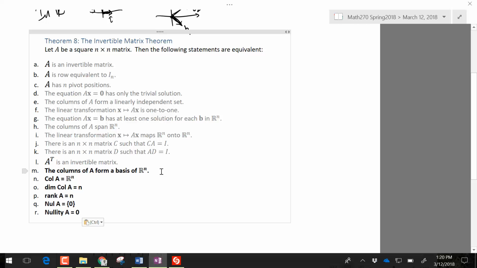So A through L was all the stuff we talked about, and now we can add a few more things to determine if a matrix is invertible.